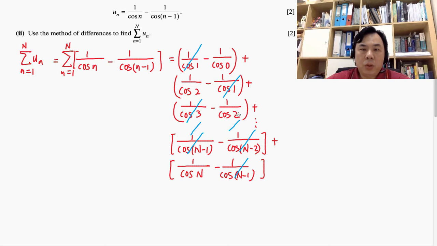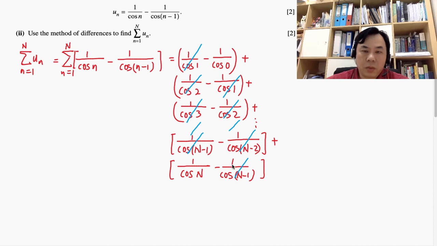Don't forget we can also reduce the cos 2 with this one here. So all along we have eliminated every single intermediate expression that we have here, except those that I did not eliminate, like this one and this one.